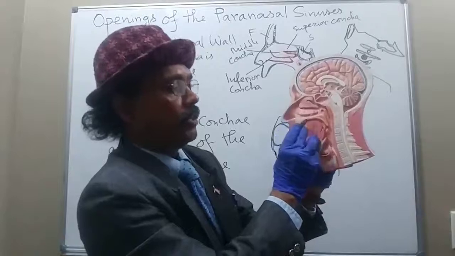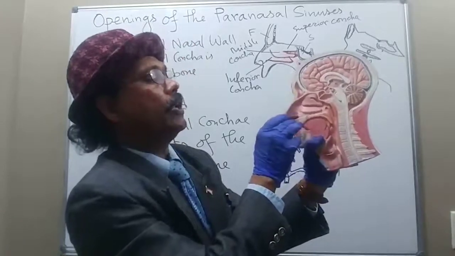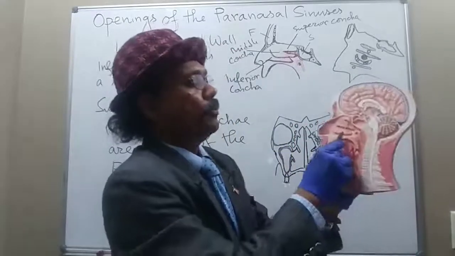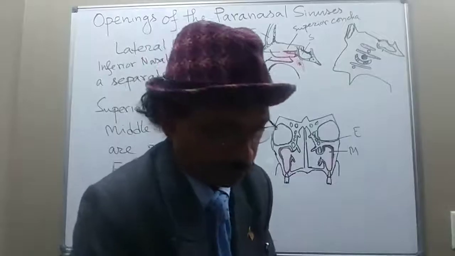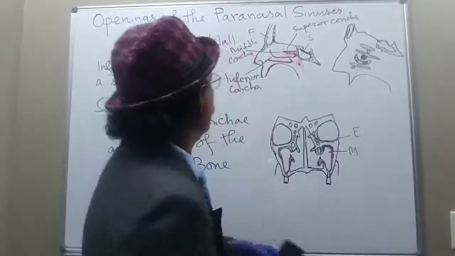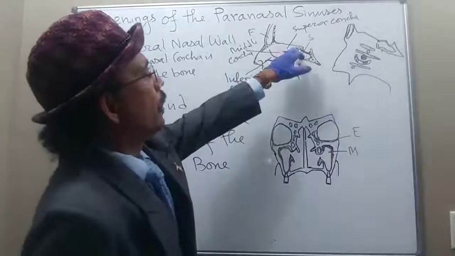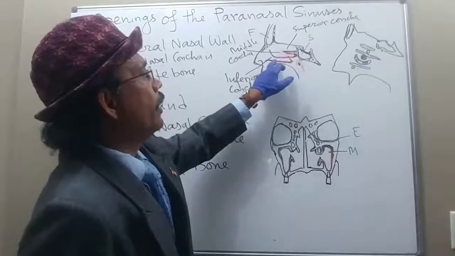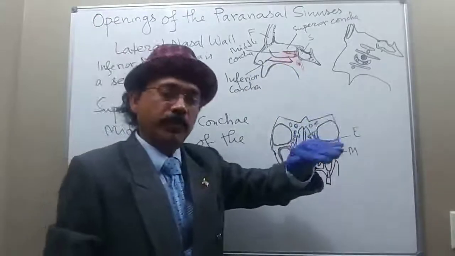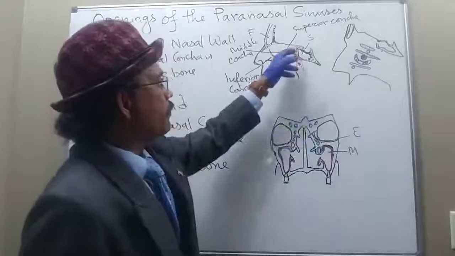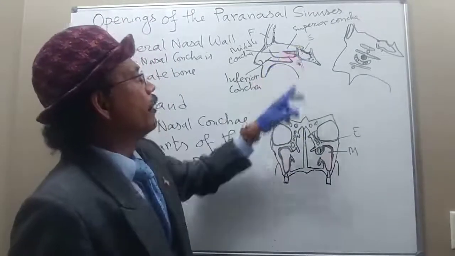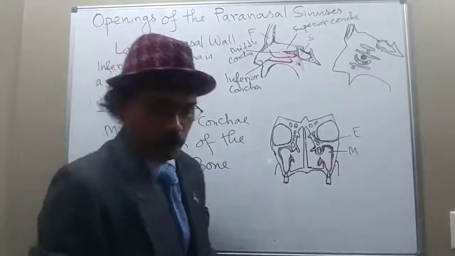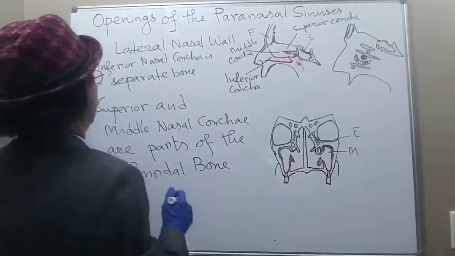Under the inferior nasal concha, we have the inferior meatus. These are the spaces under the shell-like bone. These two are part of the ethmoid bone. This is a separate bone.